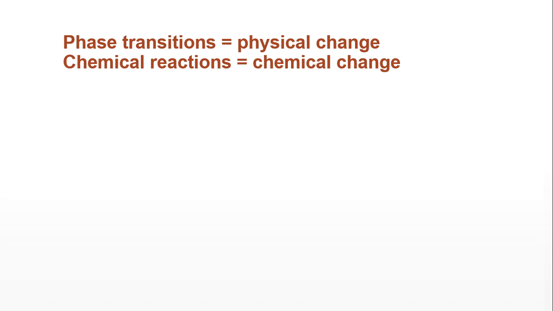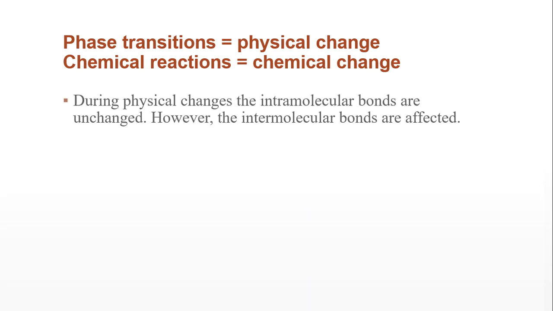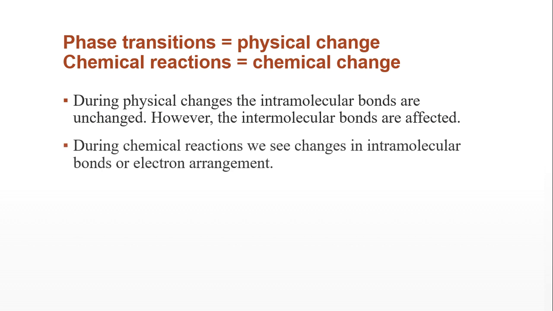So we talked about physical changes here, phase transitions. Chemical reactions, though, they're chemical changes. So when we have physical changes, the intramolecular bonds are unchanged. However, we have a change in intermolecular bonds, as we talked about.